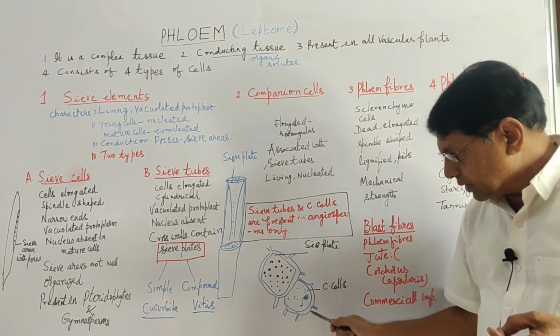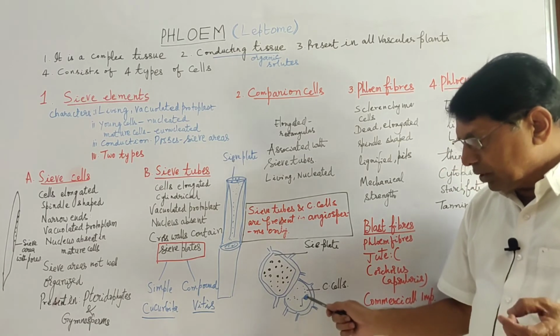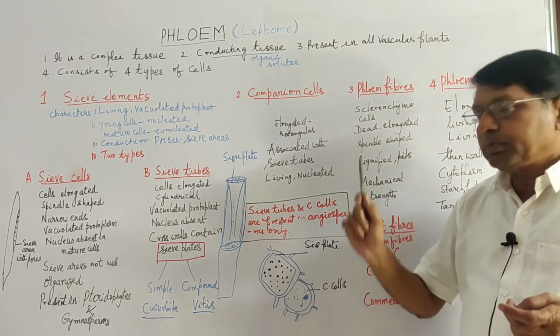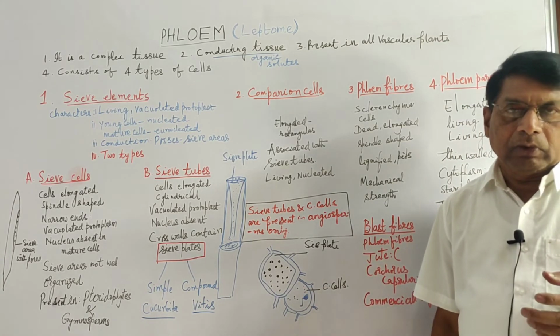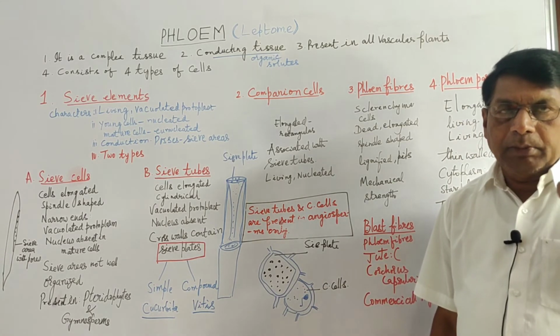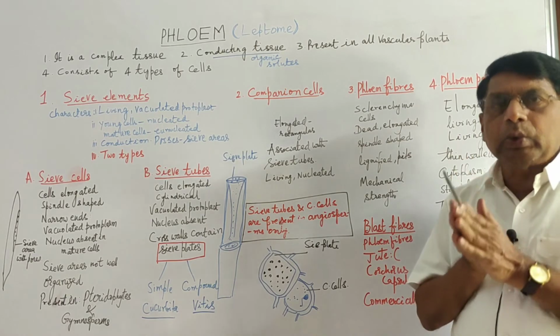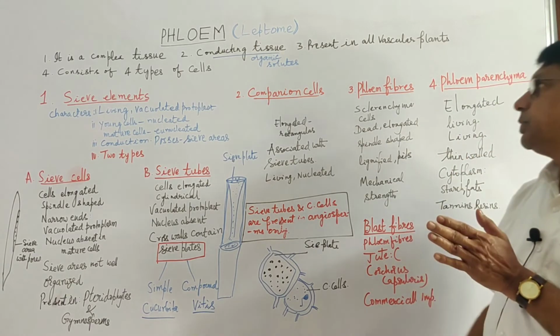This is a companion cell. It is living, nucleated, but smaller, and adjacent to the sieve tube. So remember, sieve tubes and companion cells are always associated. They are present only in angiosperms.